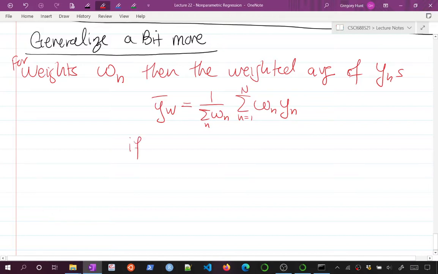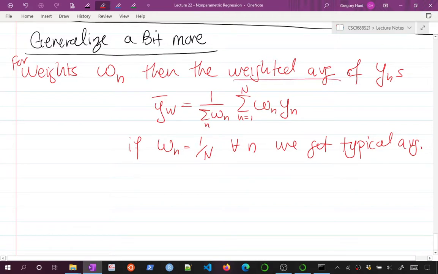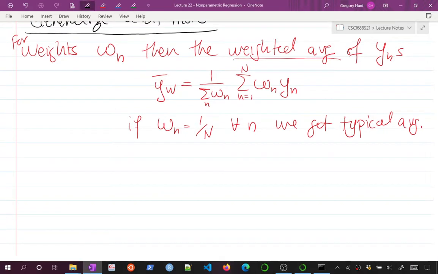So if my Wn is equal to 1 over capital N for all n, we get the normal, typical average. Okay, so this is straight up what a weighted average is. So keep that in your mind. We'll put a pin in that.